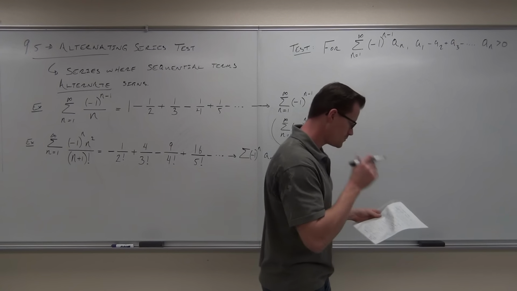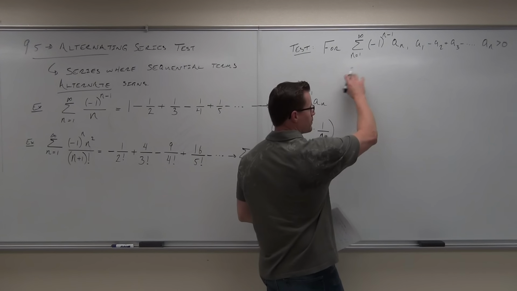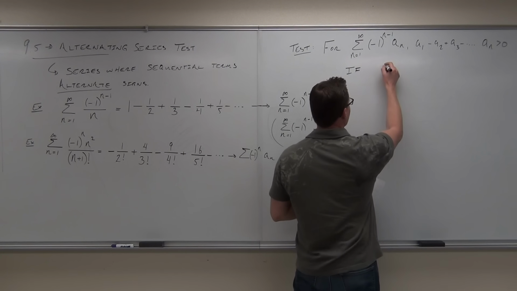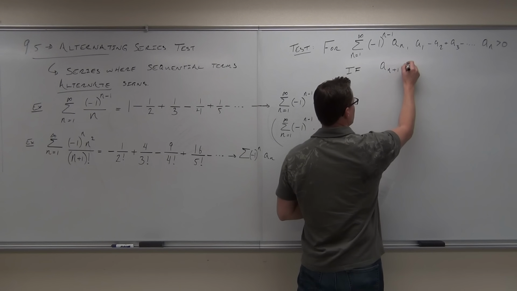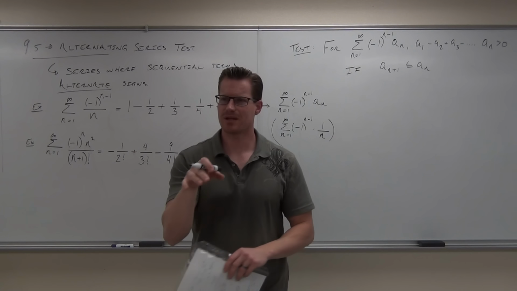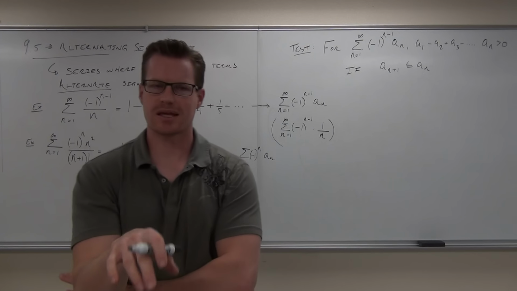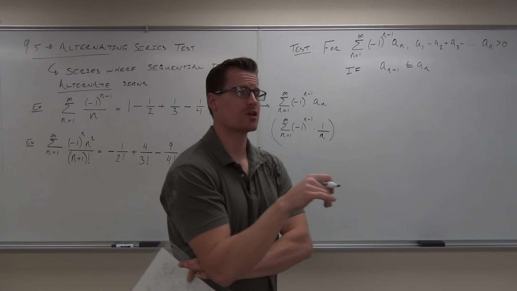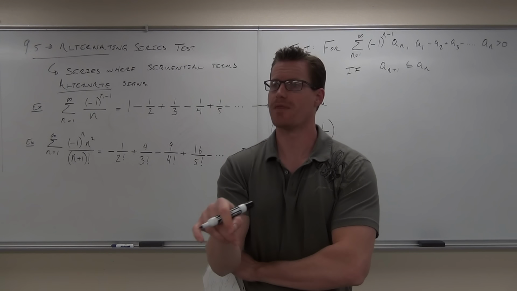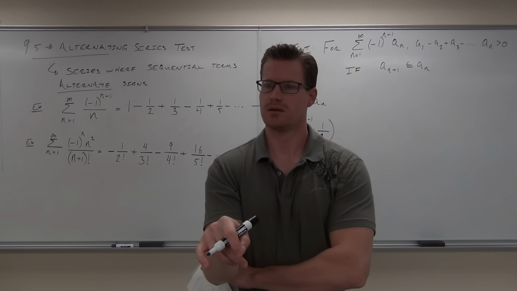Cool. All right. So with this as our condition, if a sub n plus 1 is less than or equal to a sub n, what's that say? What's it tell you about the sequence from which we get our series? Decreasing.